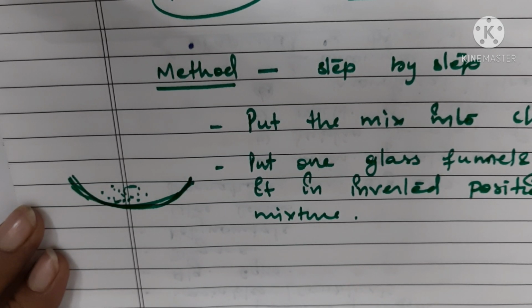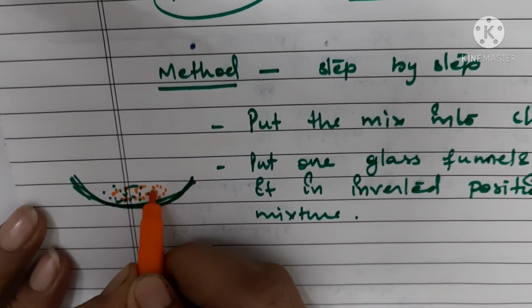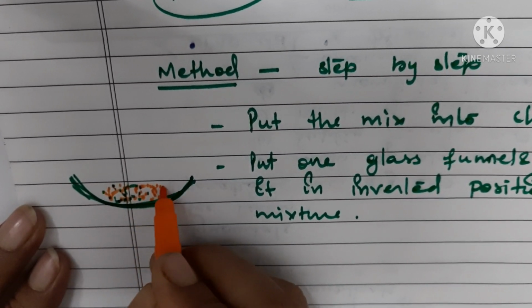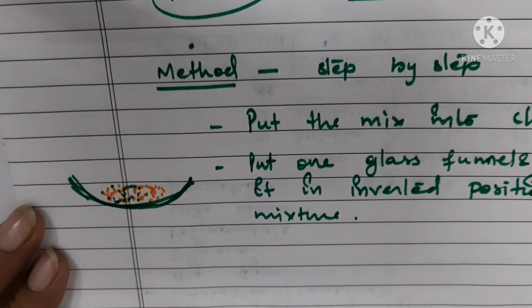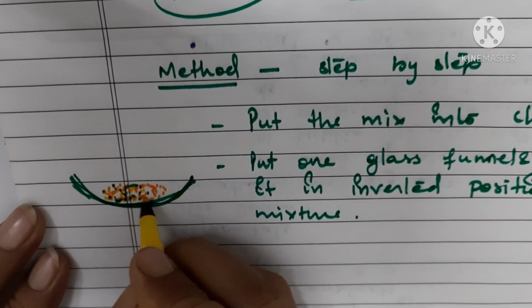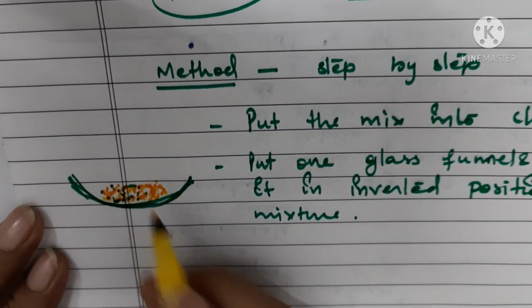We are having a mixture of two constituents: one is your ammonium chloride, and the other one is your sodium chloride.